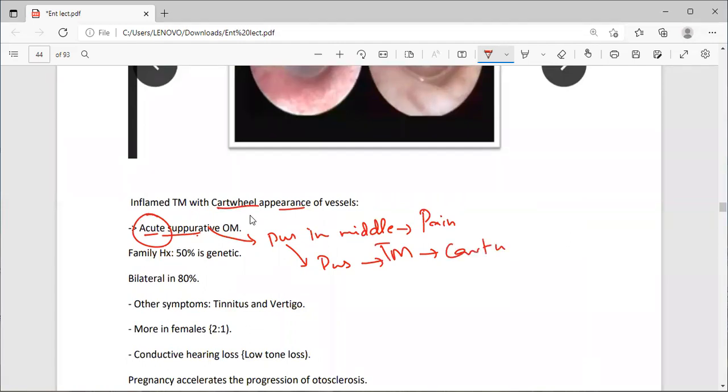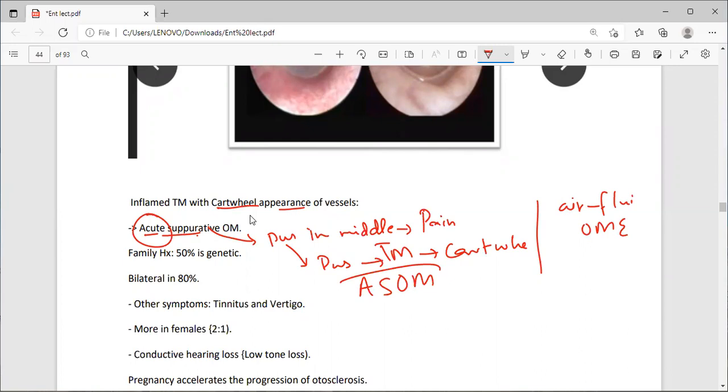Air fluid level is present in otitis media with effusion, but cartwheel appearance is present in acute suppurative otitis media.